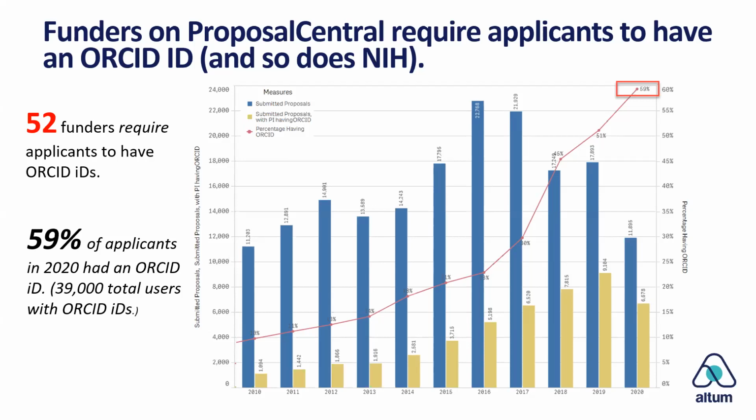We're seeing that number go up by leaps and bounds every year. So almost all of our funders, I think, coming into next year will be requiring ORCID of their applicants because it's easy and also makes the process simple for them.